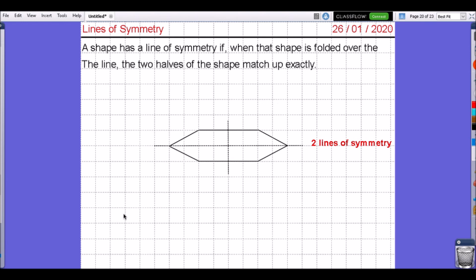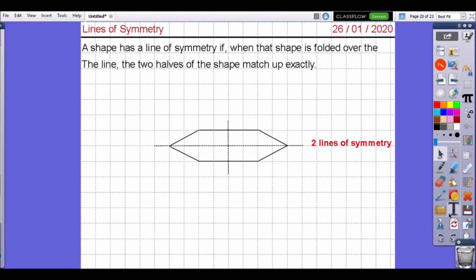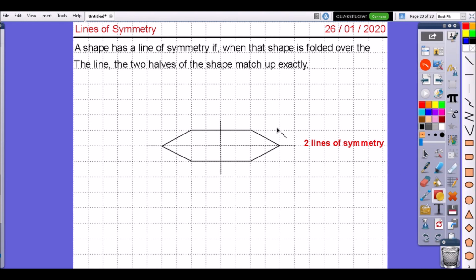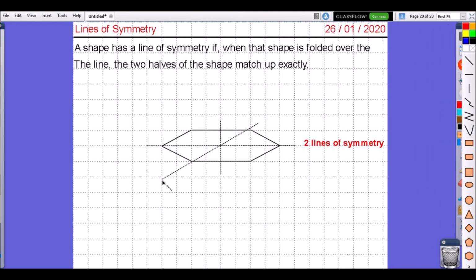Because if you try anything else, like for example, if someone just thinks, oh, I'm gonna draw a line of symmetry over here, no way. If you try to fold this there, you're going to find this vertex here going to go over there. They're not going to match up exactly. So the last line of symmetry is wrong. It has only 2 lines of symmetry.